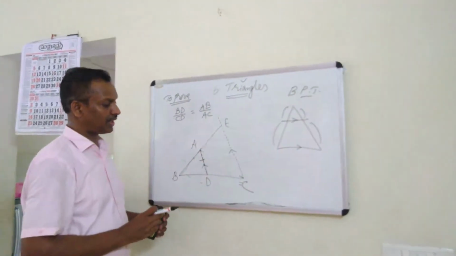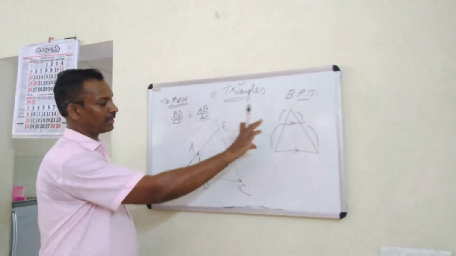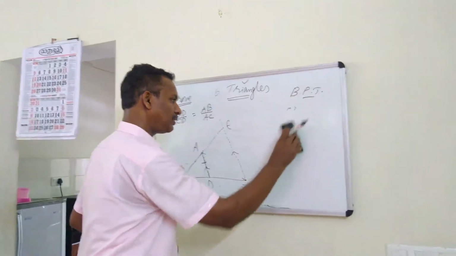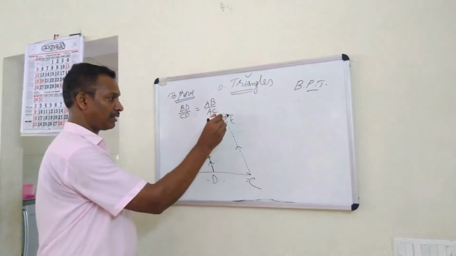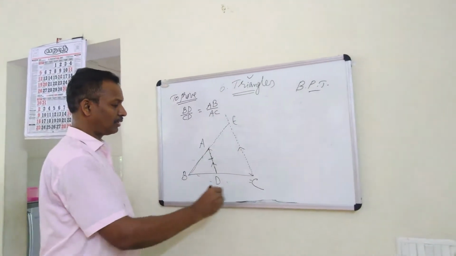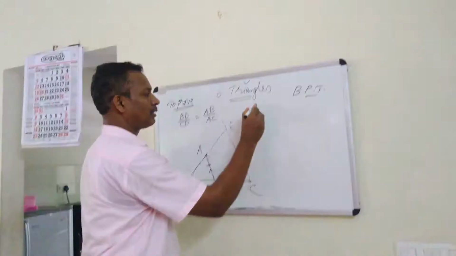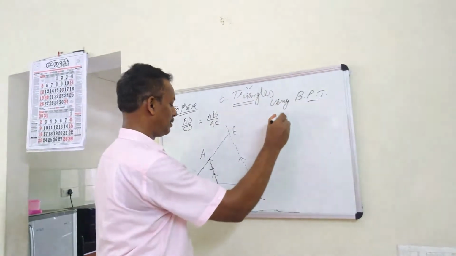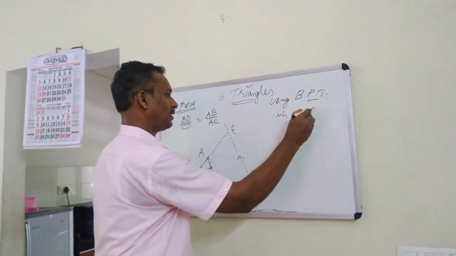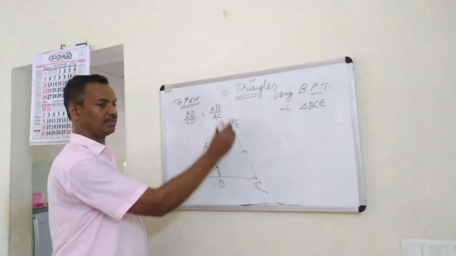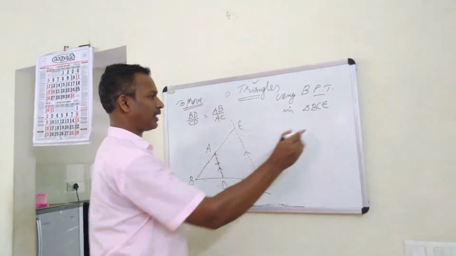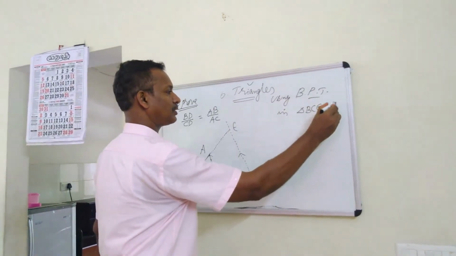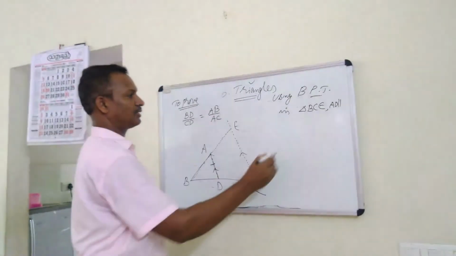After reaching this, we can take out this line for a while, and if you look at this diagram, it is almost like this figure. So we apply BPT in the big triangle BCE. In that triangle we know AD is parallel to CE.